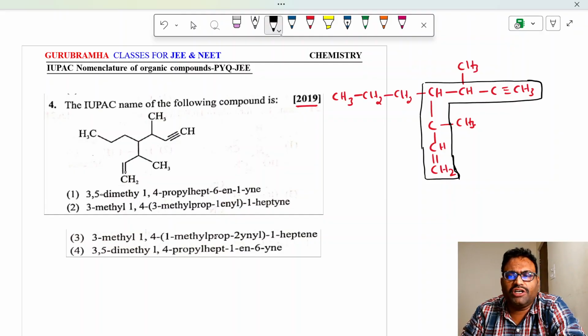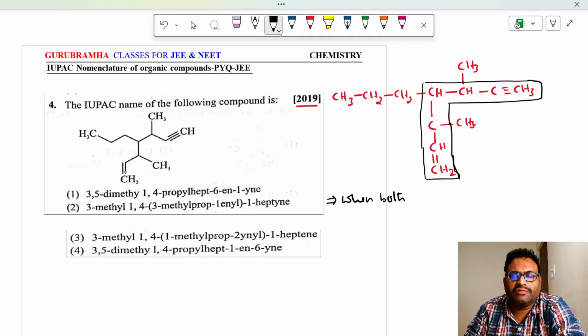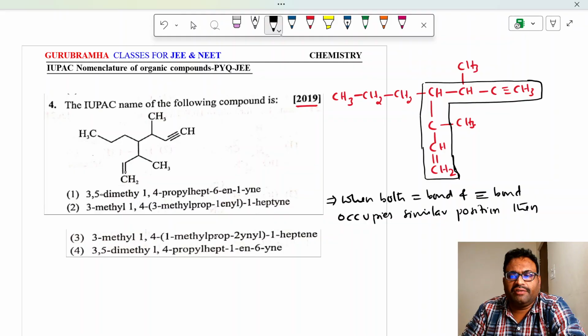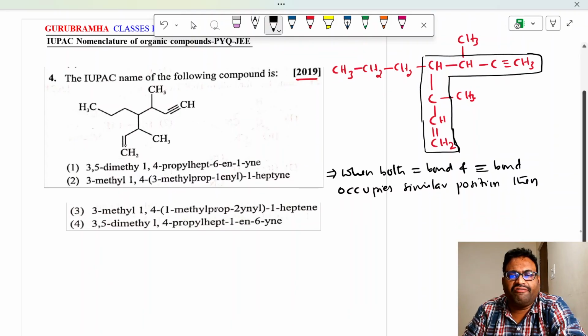Both the double bond and triple bond occupy similar positions. In that case, alphabetical order is followed.